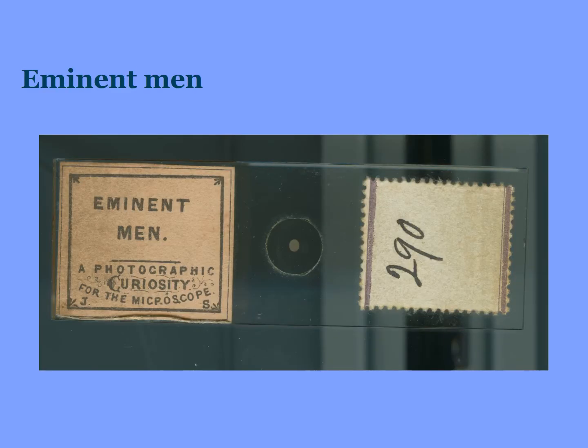And we have quite a good demonstration of this with this funny little Victorian slide, which was sold as a curiosity. It's a glass slide that you put under the microscope, and it's called Eminent Men. That tiny little grey area in the centre of the slide is the bit that we're looking at.